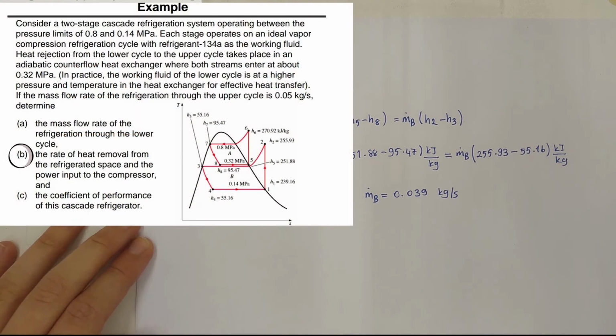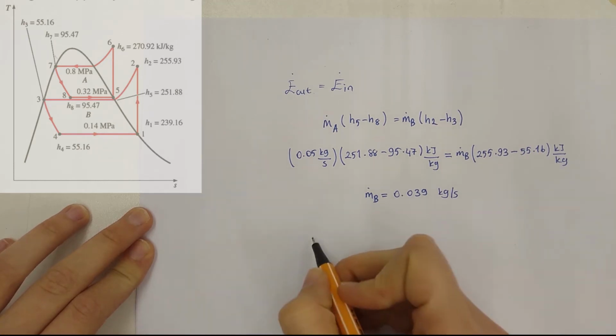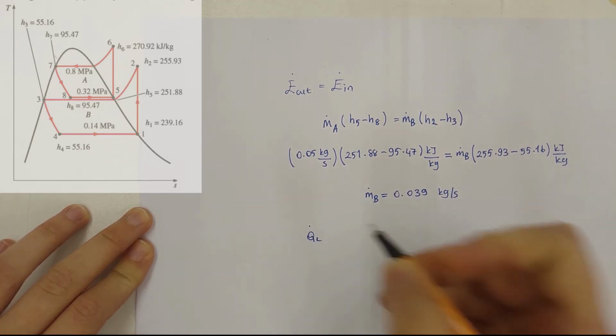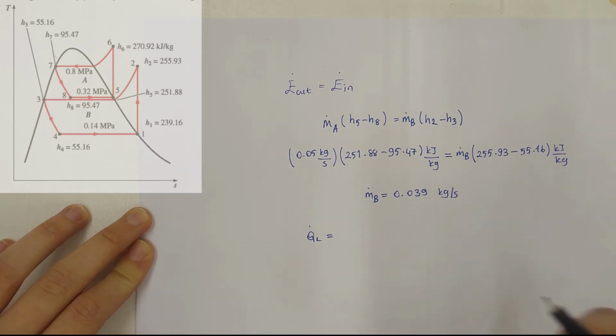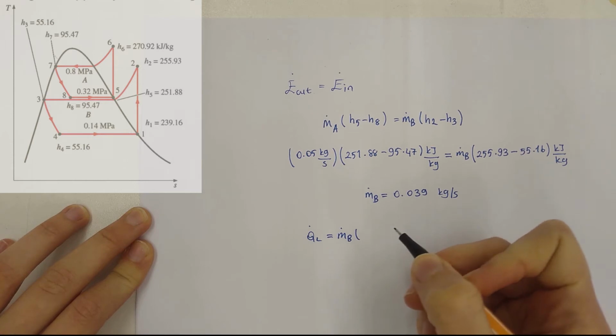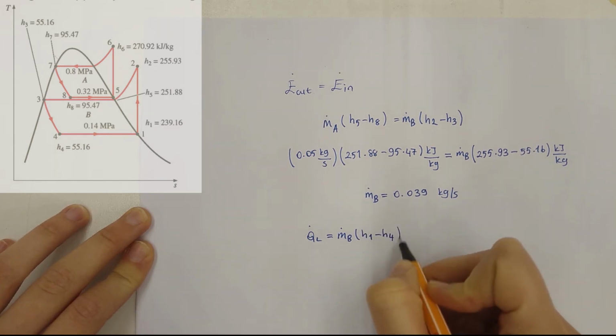Then the second step is the rate of heat removal by the cascade cycle. This equals QL, and in the system QL equals mass flow rate at point B times H1 minus H4.